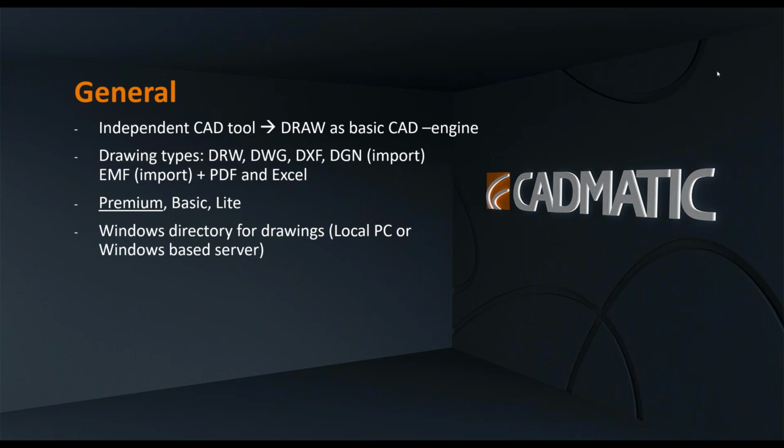General things about the drawing types that we can use on Electrical and also on Draw. You can use those DRW drawings, which are our native document types. And of course, worldwide there are quite many softwares that are using DWG and DXF. We are compatible with those file types, and then some import functionalities, for example DGN and EMF file types.